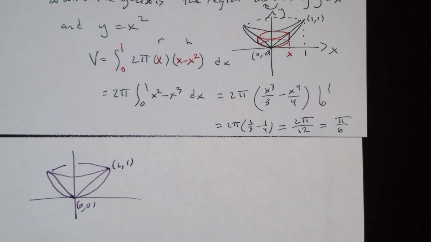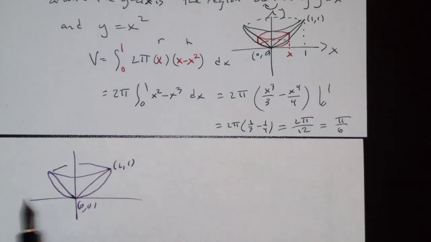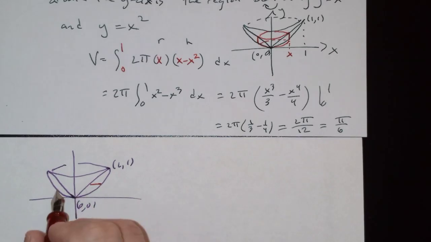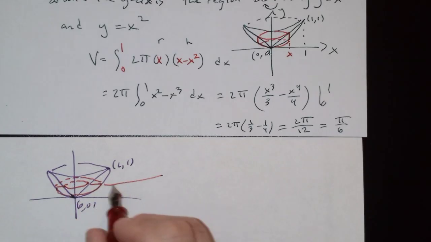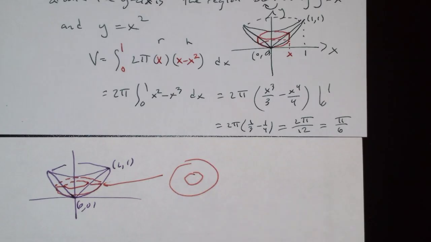So here's my bad picture. And instead of slicing this way, I'm going to slice this way. So my slice goes across. And I have a circle here, and I have a circle here. And when I pull this out, I get a washer.